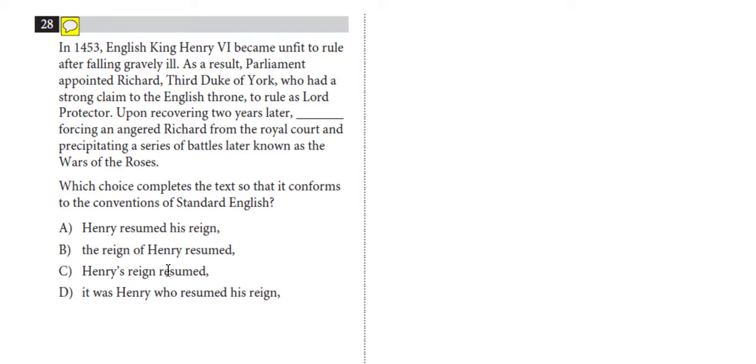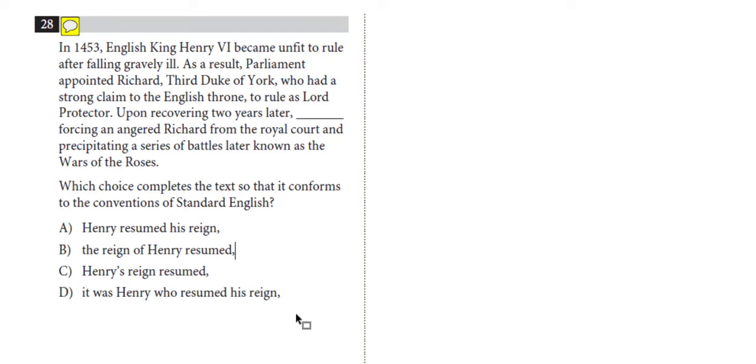B, the reign of Henry resumed. C, Henry's reign resumed. And finally, answer choice D says it was Henry who resumed his reign. So all the answer choices have the same idea, but the words are arranged in different ways for every single answer choice.